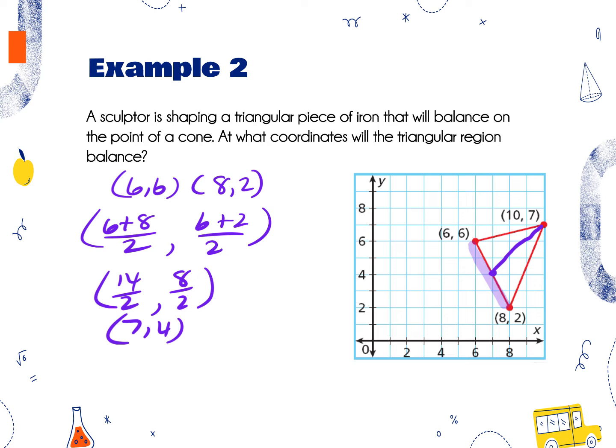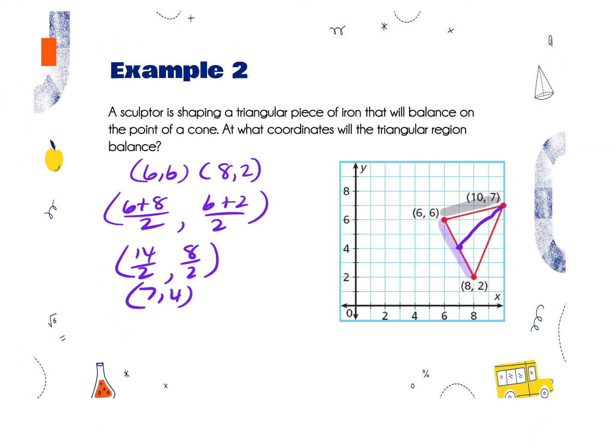Then I need to find the midpoint of this side. Let me do this one in gray here so it shows up better. So for that side, I'm going to take the 2 ordered pairs, the 10, 7, and the 6, 6.